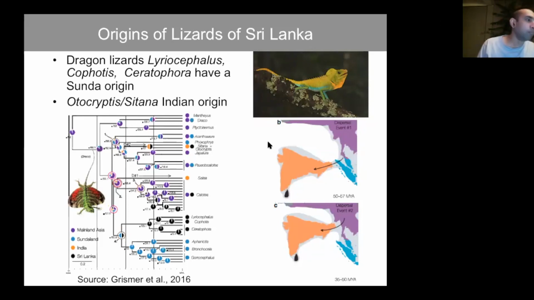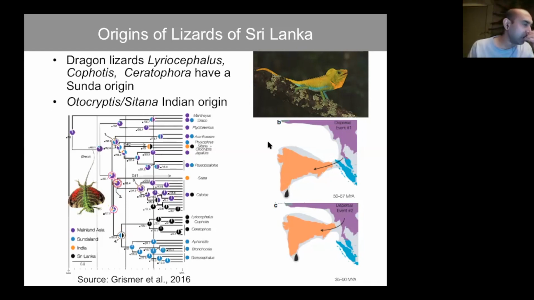And so it could probably be one of the reasons why we don't have close relatives of Lyriocephalus, Cophotis, and Ceratophora in India. So yeah, this is a study that was done by Jesse Grismer in 2016.